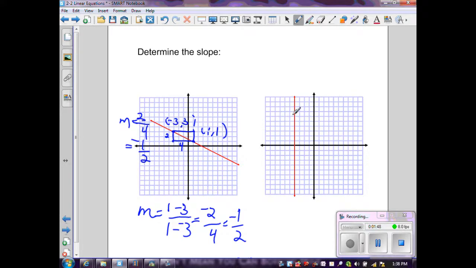Our next example gives me a vertical line. We know our slope is undefined. And I can verify that with points. Here I'm given 1, 2, 3, 4, a negative 4, 0, and also a negative 4, negative 2.